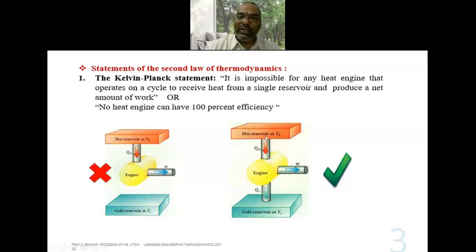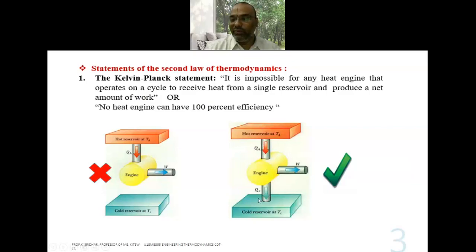The heat engine always receives some amount of heat, QH, and there should always be some amount of heat rejection to the cold body. Heat rejection should be done by the heat engine to the surrounding atmosphere or to the sink. The heat rejected by the heat engine is QC and the work produced is W, and work is always the difference between these two heat transfer magnitudes.